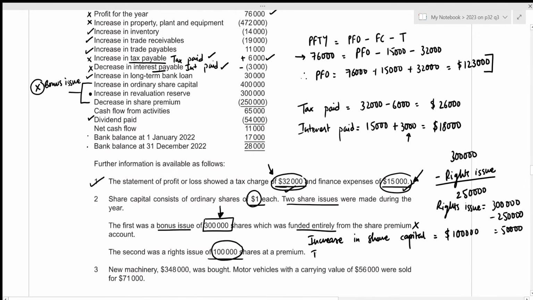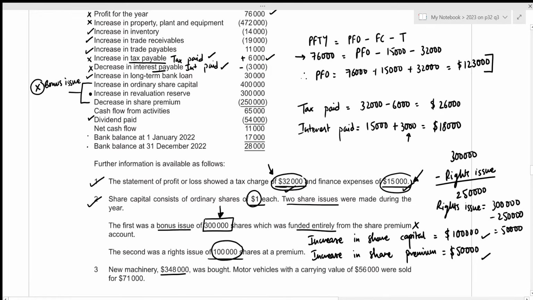So there's an increase in share premium of 50,000 due to rights issue. And we will be considering rights issue because the amount of 100,000 as well as 50,000 will be paid into the company by our existing shareholders in order to buy these new rights shares. Okay, that's all for the second information.